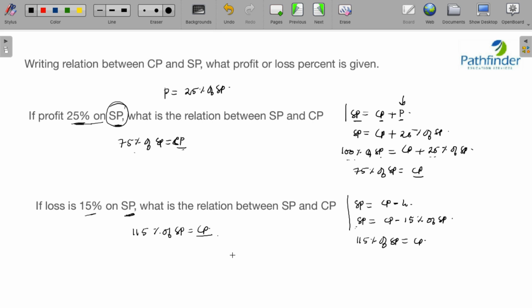अगेन दिमाग में ये चीज क्लियर होनी चाहिए that percentage profit or loss, is it being calculated on CP or on SP?